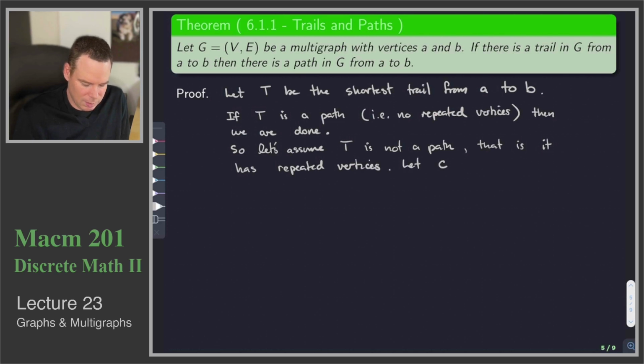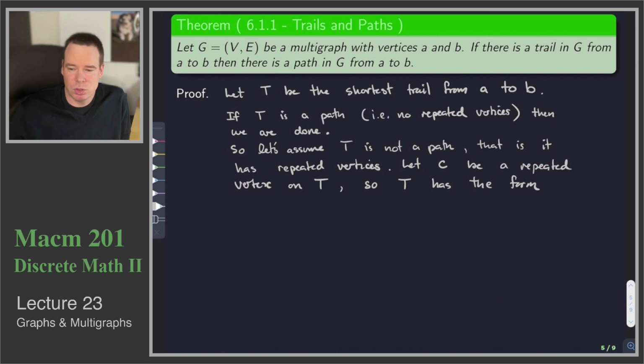Let C be a repeated vertex on T. So if our shortest trail is not a path, then there must be a repeated vertex.